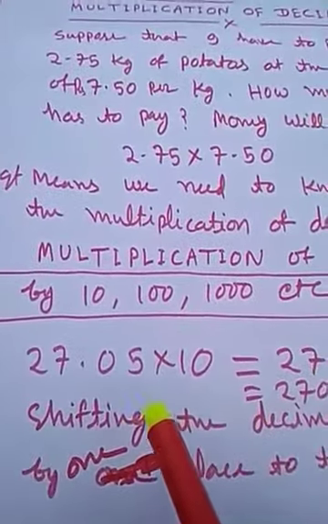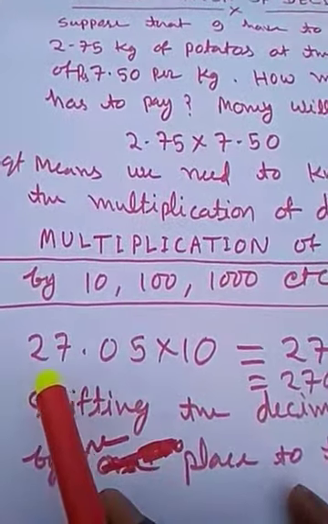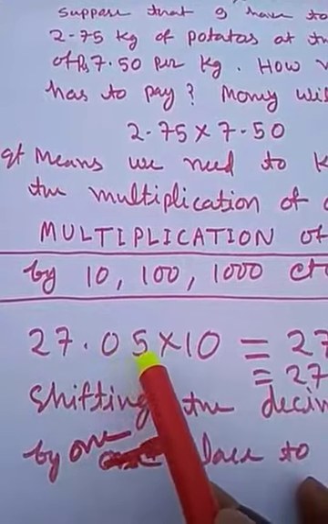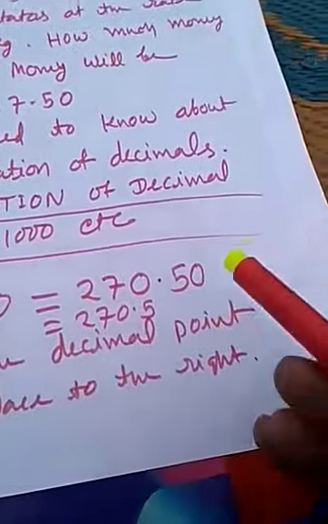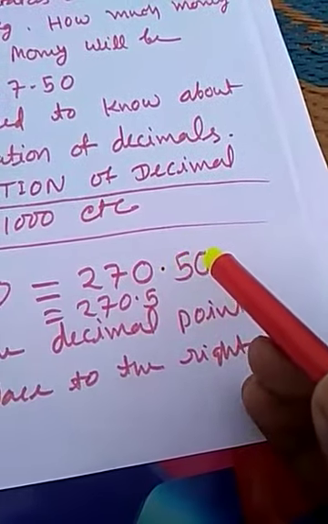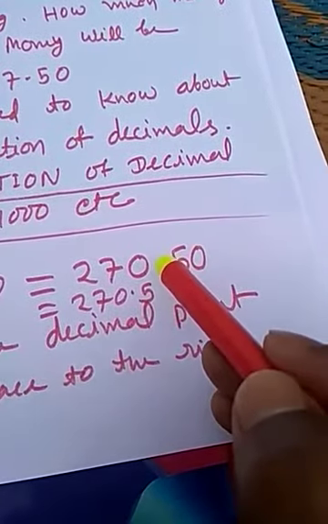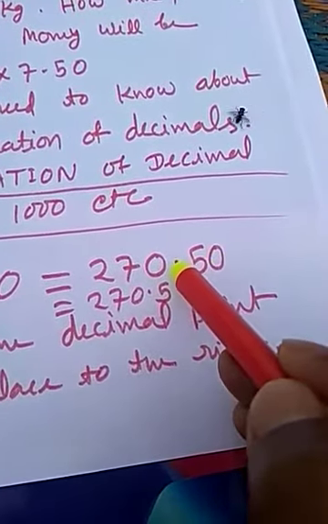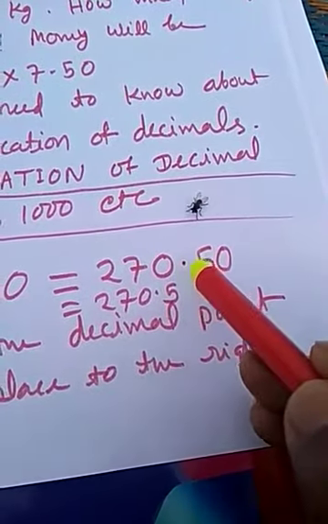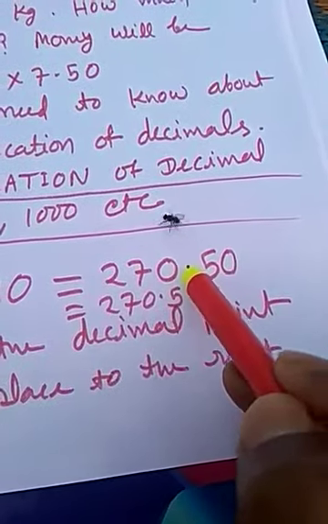Now we shall pay attention. Here these decimals have two decimal places, so we shall put the decimal point from the right side after two digits.